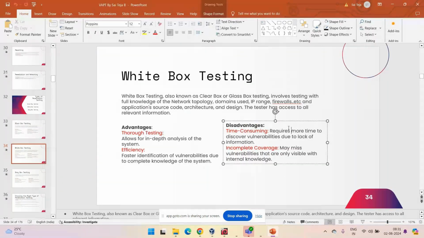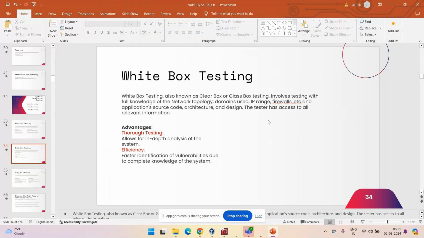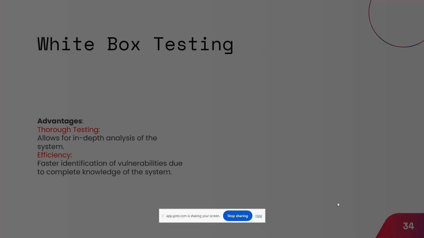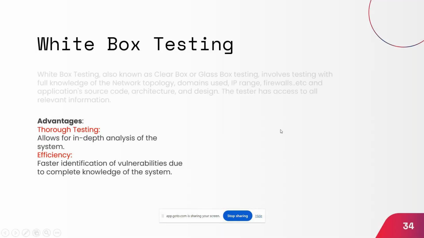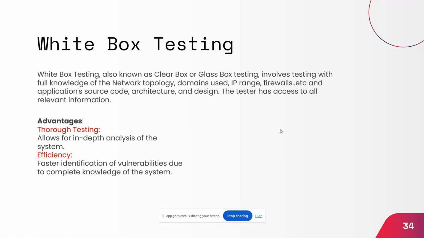Yeah. So here he will get a chance to look into each and everything in a detailed way because he has access to everything. The good thing is he can also cover the systems which are not exposed to the outsider. He will also have access to the source code.